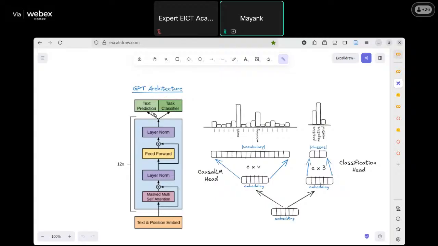So that is one way to train a model. In that, all the lower layers remain fixed or frozen. The terminology used is usually frozen, and this head, that is this matrix E cross V or E cross 3 depending on the task, can be trained independently. So that is as good as using embeddings.